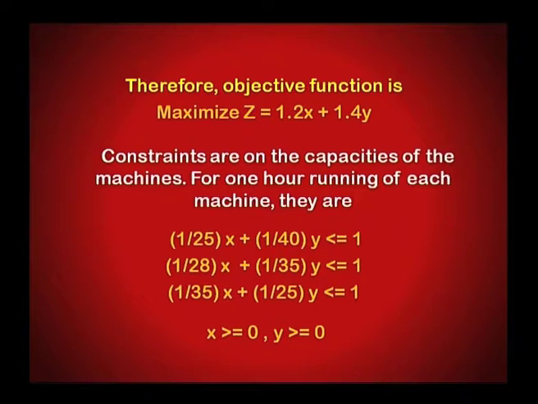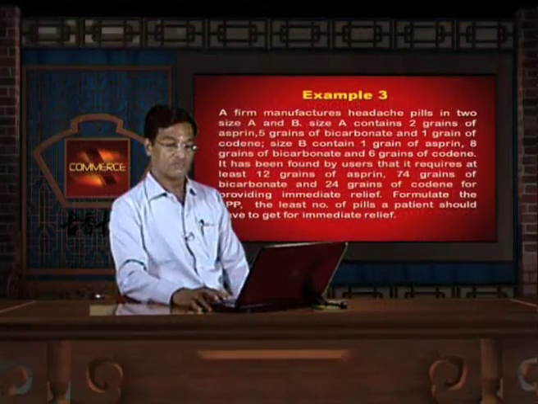Second, 1/28 x plus 1/35 y less than or equal to 1, and for the third machine 1/35 x plus 1/25 y less than or equal to 1, and x and y are non-negative. Therefore, x is greater than or equal to 0, y is greater than or equal to 0.